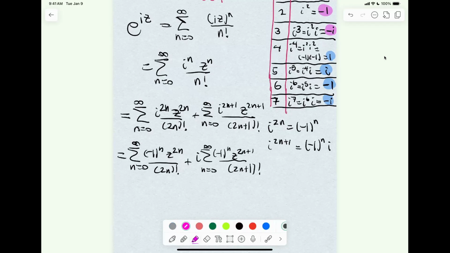So here, just to be more clear, what I use here is that i to the 2n is -1 to the n. This is where I put this. And here I'm using that i to the 2n plus 1 is -1 to the n times i.